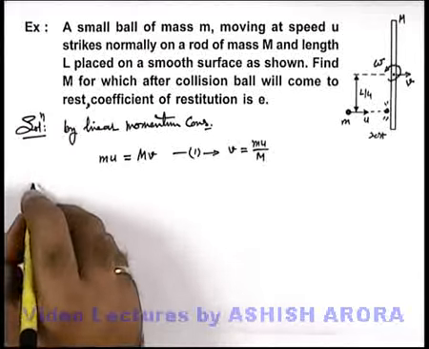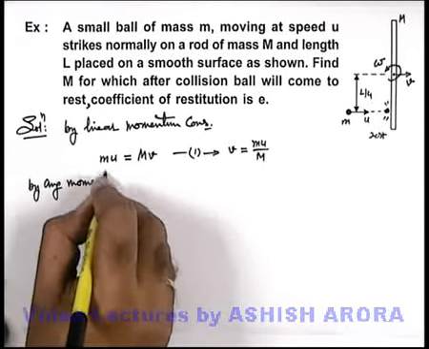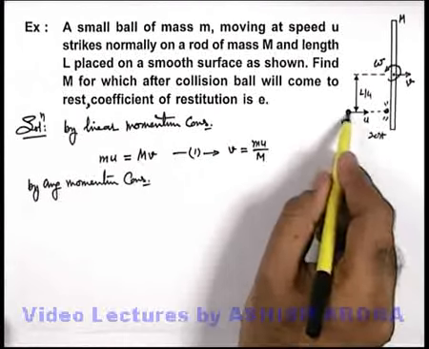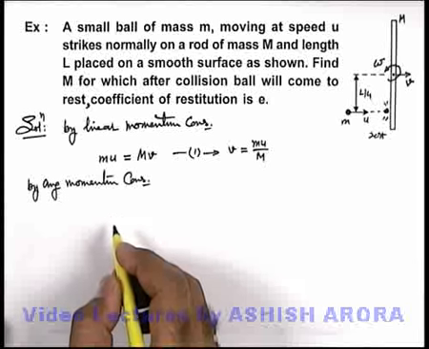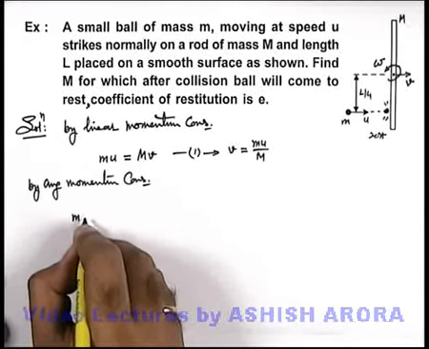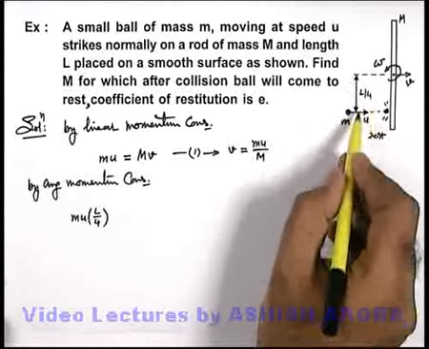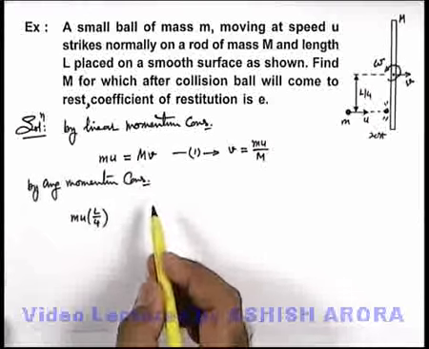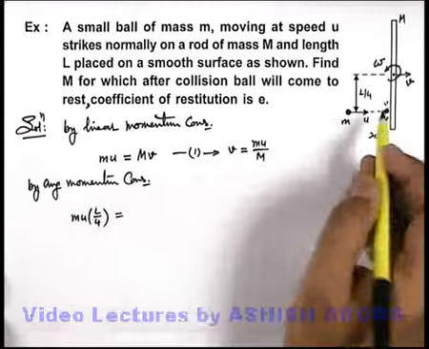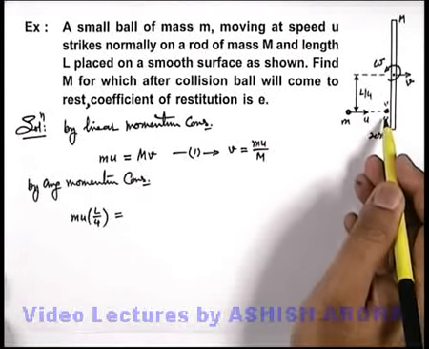And by angular momentum conservation, we can write here the initial angular momentum of the ball with respect to the center of the rod is mu L by 4, as it is traveling at a normal separation L by 4 from the line passing through the center. This is equal to the final angular momentum of the rod, because the ball will come to rest, so its angular momentum will no longer exist.